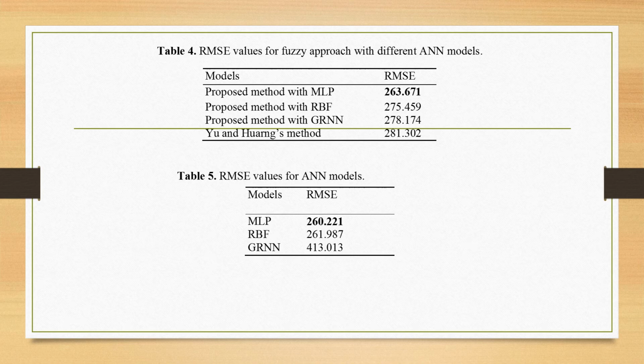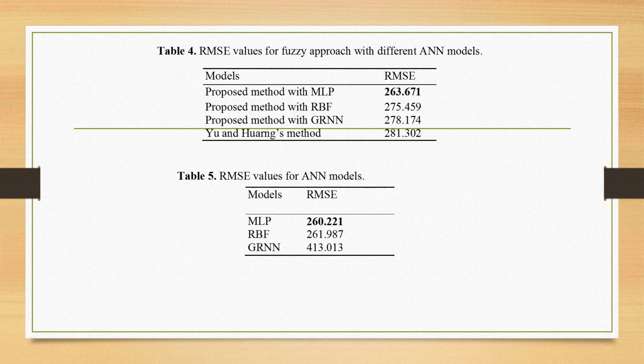Neural network based fuzzy time series with our proposed method for giving artificial neural network architectures and with Yu and Huang's method are used to analyze this dataset. Then root mean square error is calculated respectively for each model. The best ones for each model according to root mean square error values are shown in table 4.